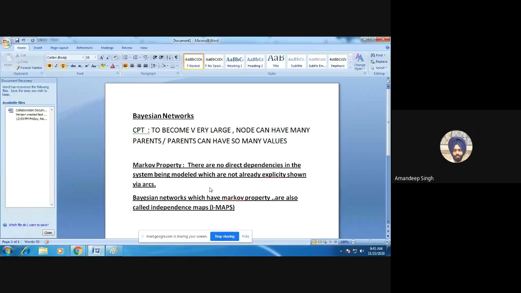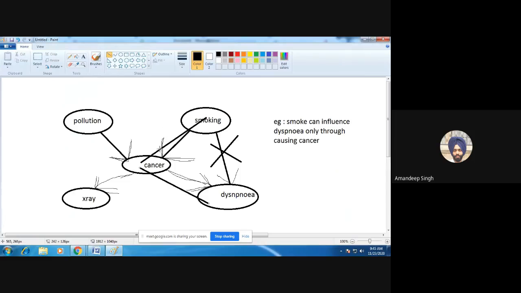Bayesian networks which have a Markov property are also called independence maps, since every independence suggested by the lack of an arc is real in the system. Okay. So we can refer to this diagram as an I-map, or independence map for short.